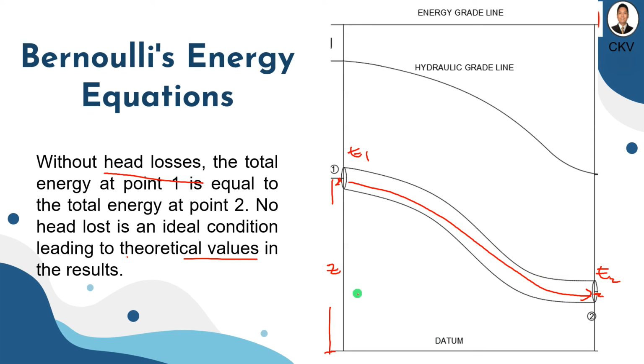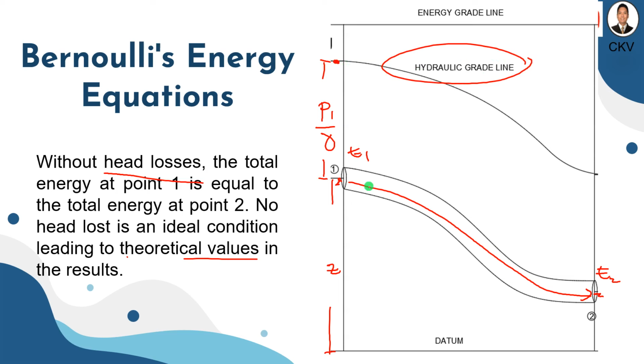And if we have here the pressure head, the pressure head will be this one, P1 over gamma. So that total distance from the pipe to that point is our reference point for our hydraulic grade line.